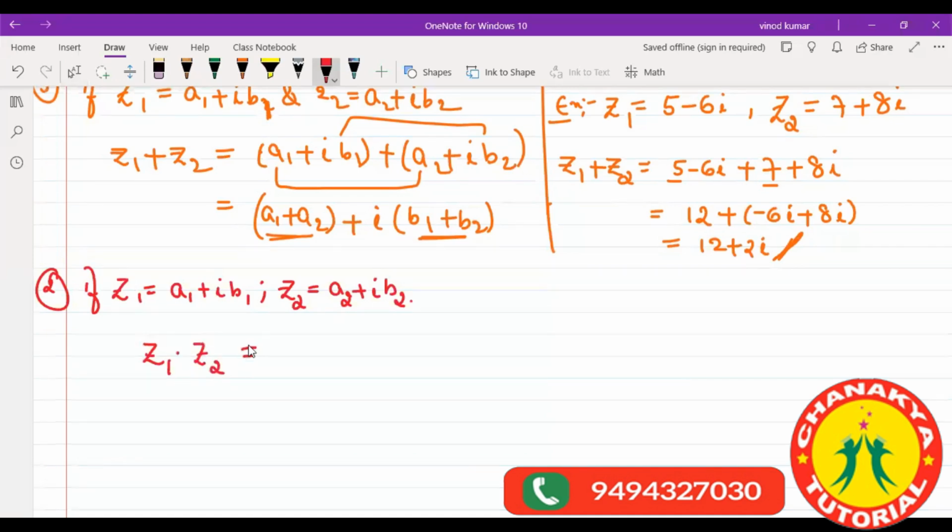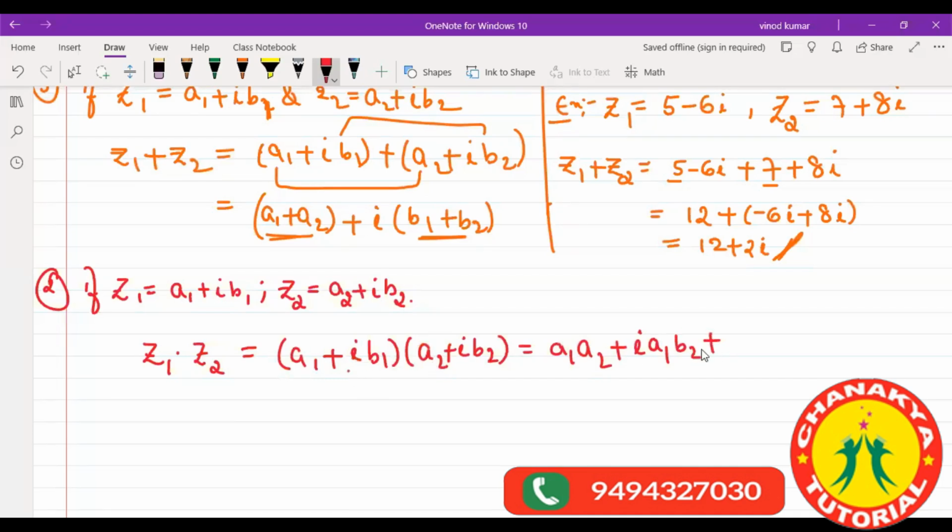That is (a1 plus i b1) into (a2 plus i b2). Multiplying term by term: a1 a2 plus i a1 b2 plus i b1 a2 plus i squared b1 b2.